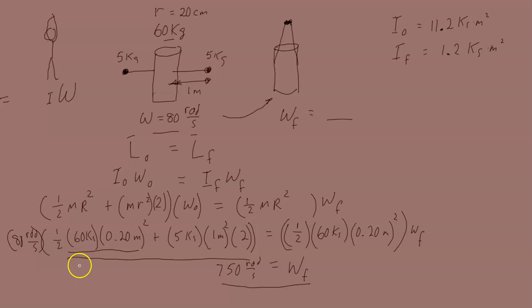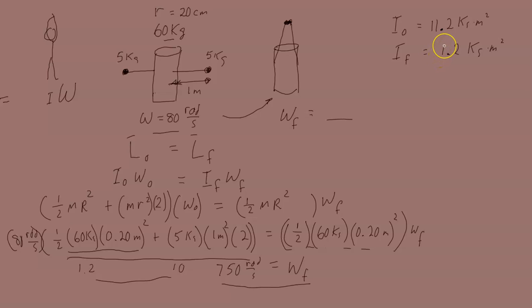This part came out to be only 1.2, and the hands, because they're so far away from the center of mass, came out to 10. So on the left hand side, I did a moment of inertia of 11.2. On the right hand side, the hands are now in the center, so all we have is the moment of inertia of the body itself, which is 1.2. So you can see those hands make quite a difference.